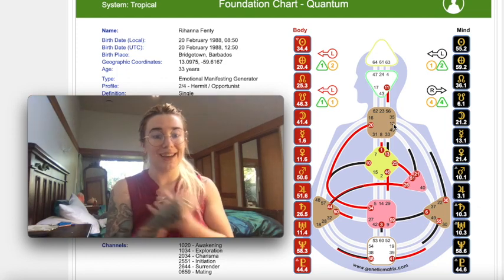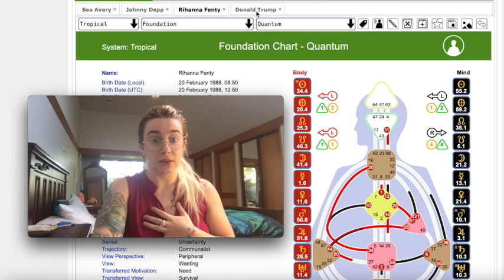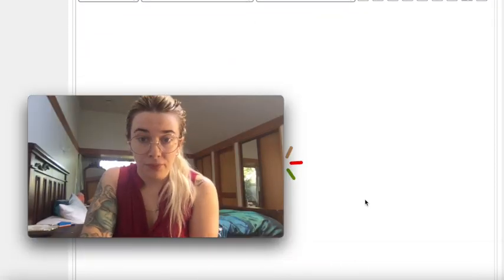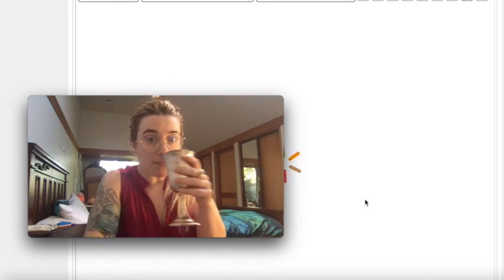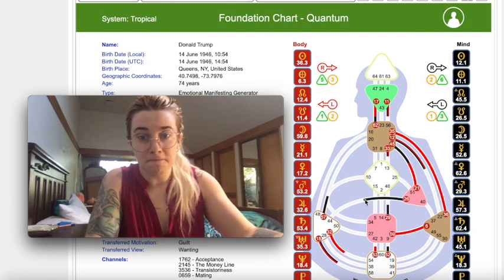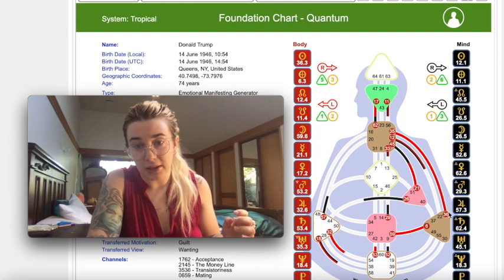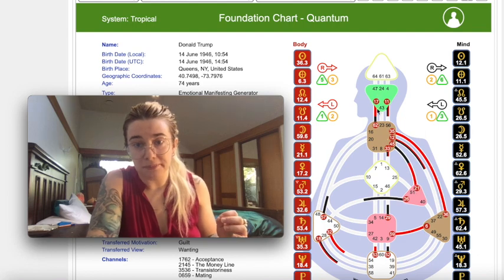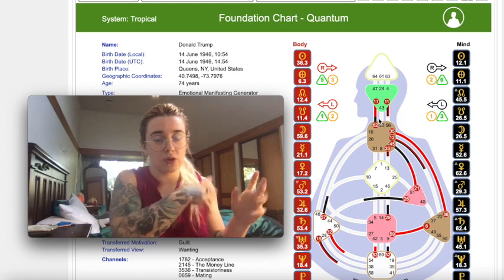This means that she is single definition. And Trump, I also believe, is single definition. Yeah, see? Here, here, here. And we can go here, up here, down there, up there. So the energy is constantly circulating around.